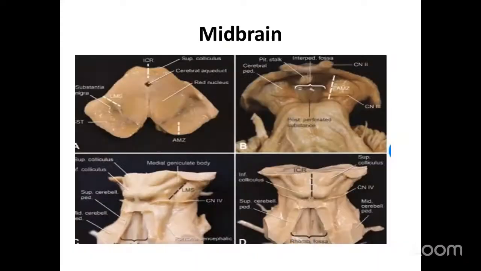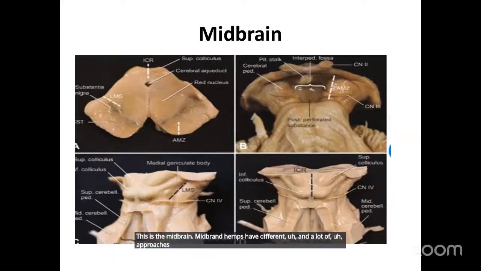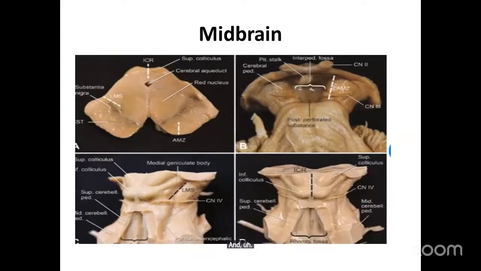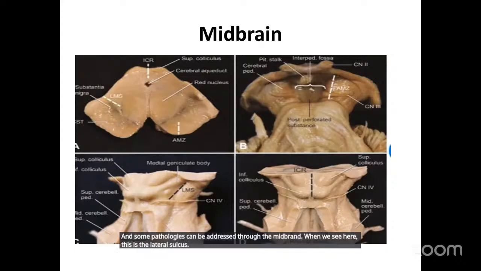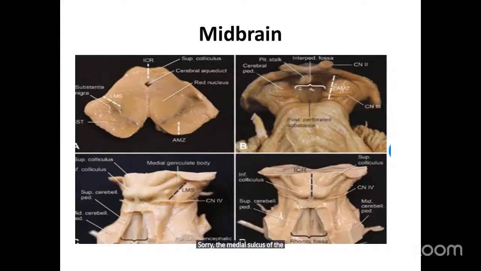This is the midbrain. The midbrain has a lot of different approaches to enter it, and some pathologies can be added to the midbrain. Here, this is the lateral sulcus and the medial sulcus of the crus cerebri.